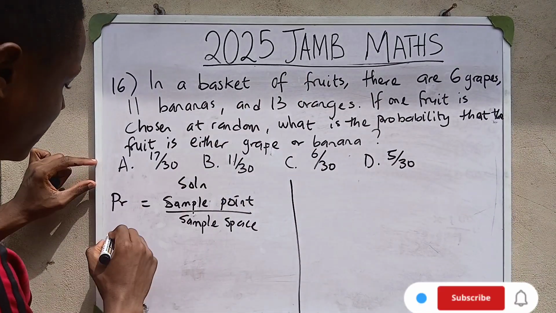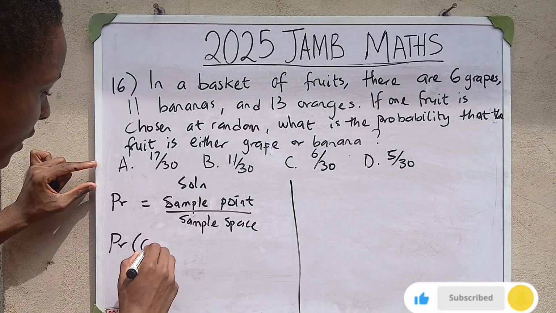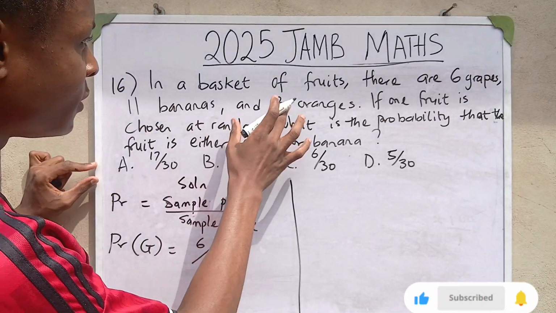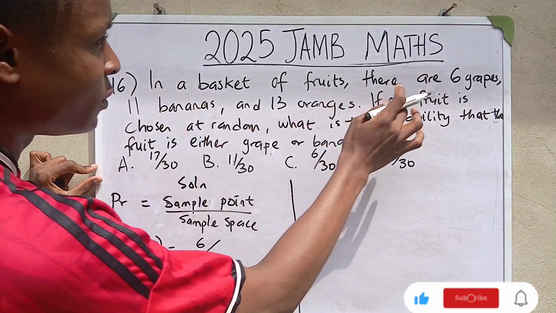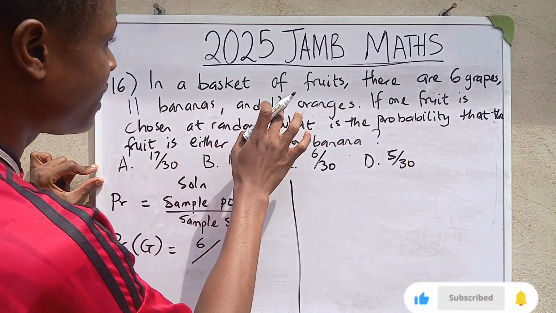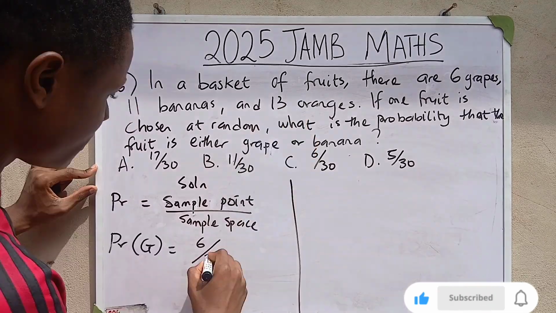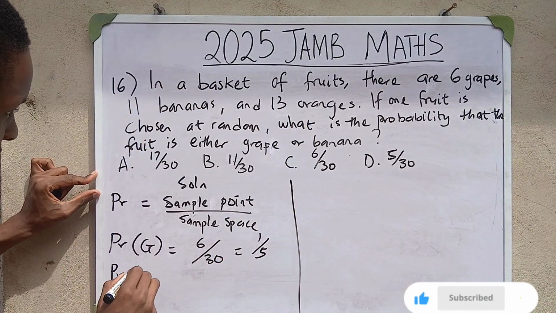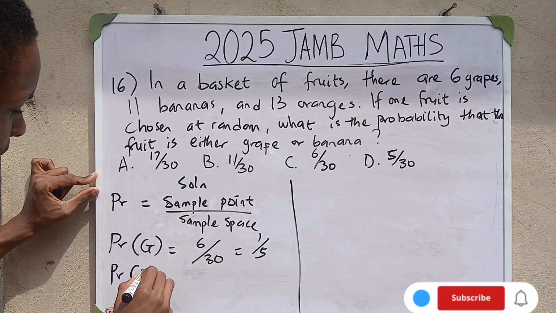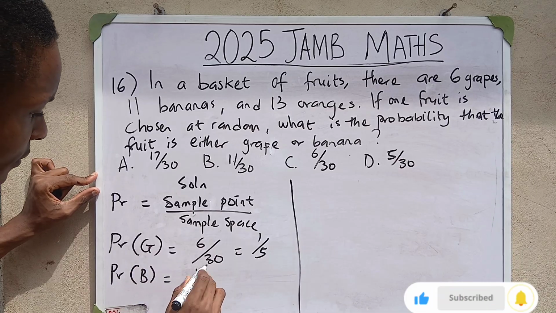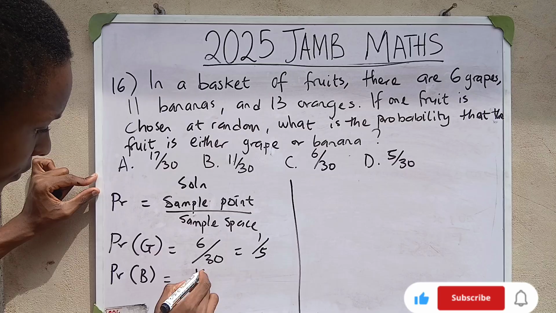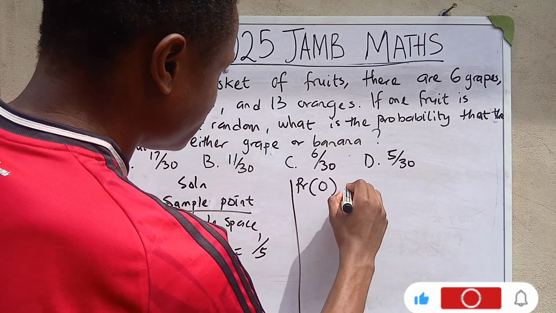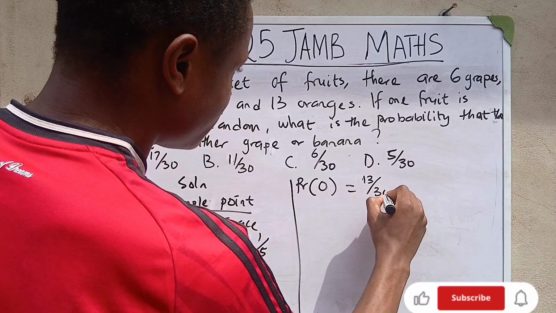So the probability for grape is 6 over the total fruits, which are 6, 11, and 13. That should give us 30. So that is 1 over 5. The probability for banana is 11 over 30. Then the probability for orange is 13 over 30.